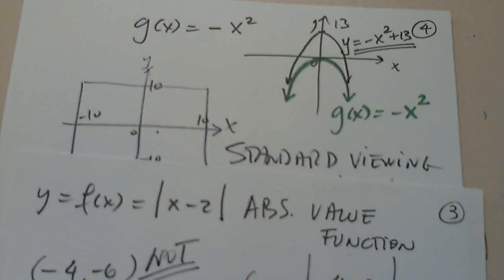Use the 4-point graphing, la la la. It's not going to help. So -2, 9, and so on and so forth. It's not going to help because these points are not representative.